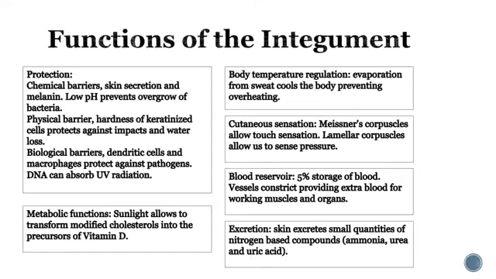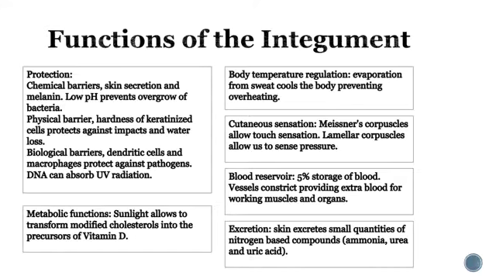It will protect my DNA, due to the fact that ultraviolet radiation is harmful to DNA, which can result in several skin cancers. The integument has a metabolic function, and this is because sunlight allows the transformation of cholesterol in the cell membranes of the cell, and it serves as a precursor of vitamin D. So, literally, sunlight stimulates the production of vitamins in my body, specifically vitamin D.